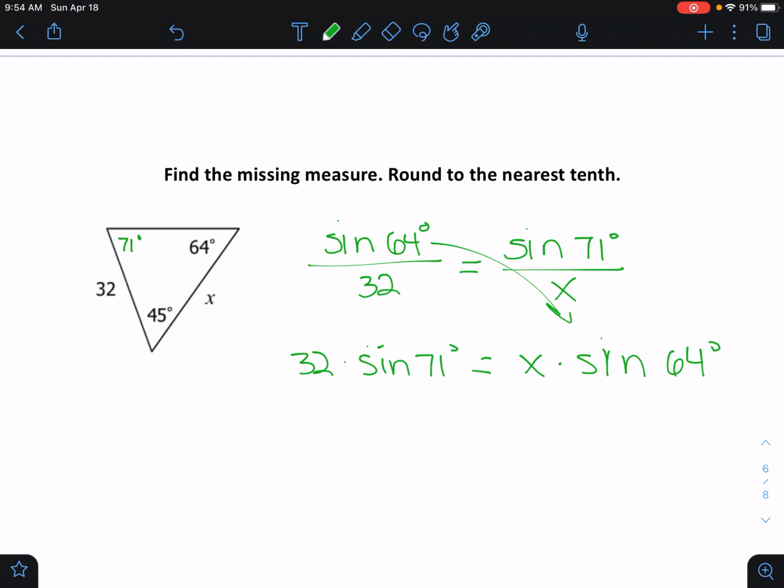Okay, now I'm going to solve for x, so that means divide by sine of 64 on both sides. Okay, these will cancel, and then I'm going to type this into my calculator. So I'm going to do 32 times sine of 71, hit enter, leave that answer in there, divide by sine of 64.